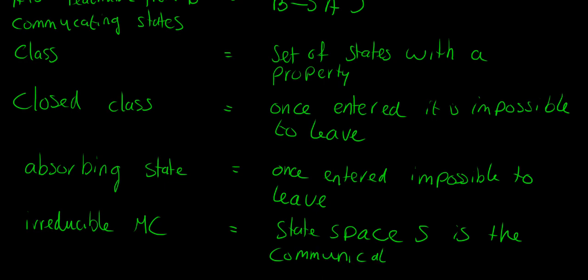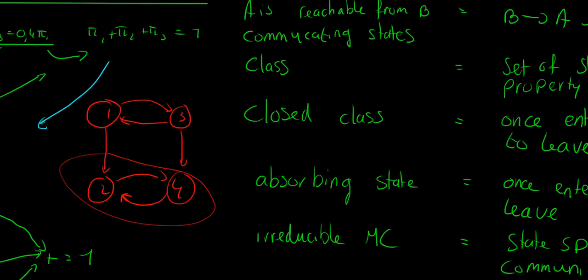So every state is reachable from every other state. The class that we had here, this Markov chain, was not irreducible because there was a closed class in it. Not every state was in the communicating class.